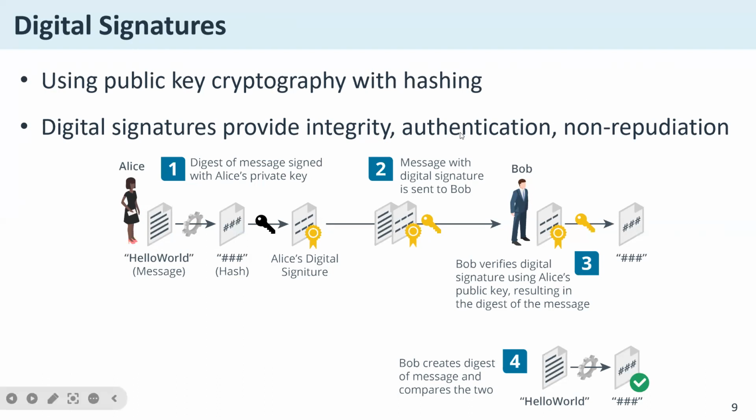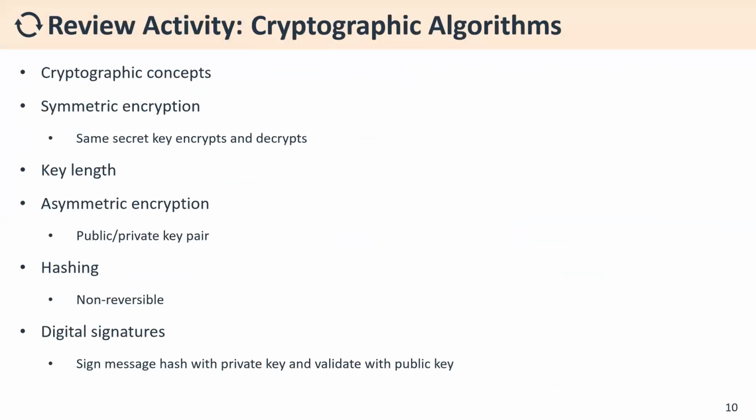Then in authentication, we want to be double sure that the person is who he says he is, because somebody else can have that message, can have that data, and claim it to be the other person. So that's one of the reasons why you have digital signatures. And of course, non-repudiation. You don't want somebody to deny that he or she has seen a particular message. That's where logging is. That's where you have non-repudiation.